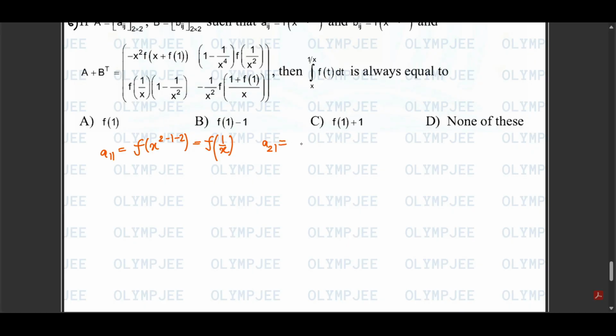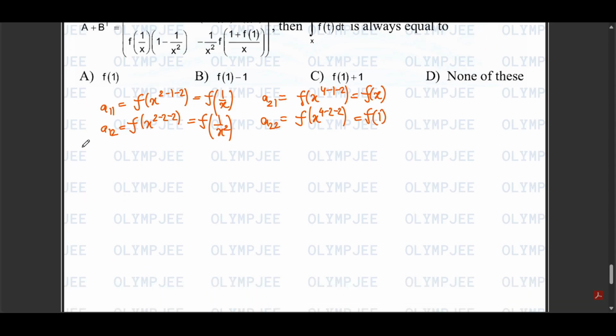A21 will be equal to f of x raised to 4 minus 1 minus 2, which is f of x. A12 will be equal to f of x raised to 2 minus 2 minus 2, which will be f of 1 by x square. A22 will be equal to f of x raised to power 4 minus 2 minus 2, which is f of 1, because this will be 0.